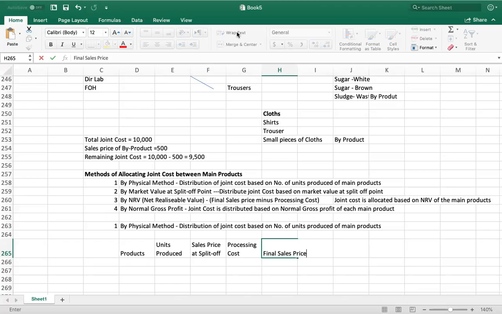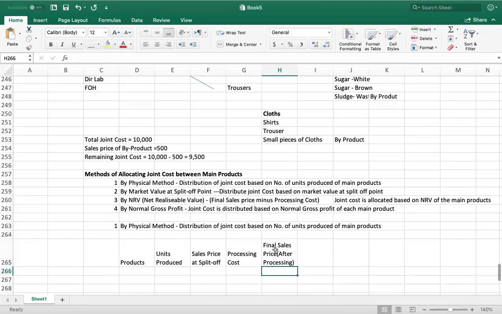Final sale price means after processing.